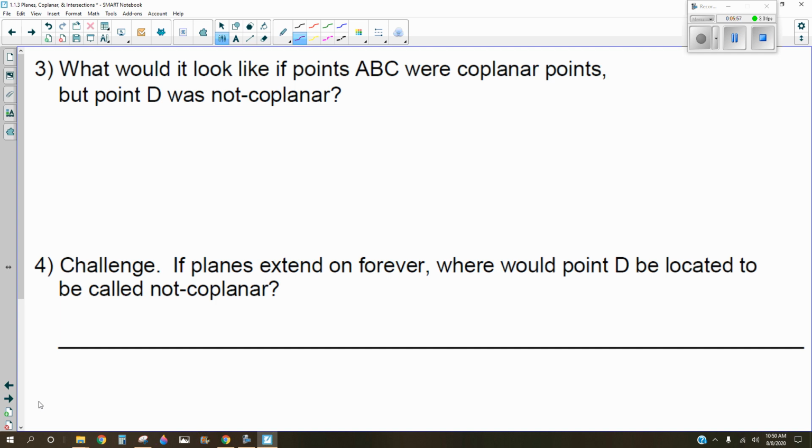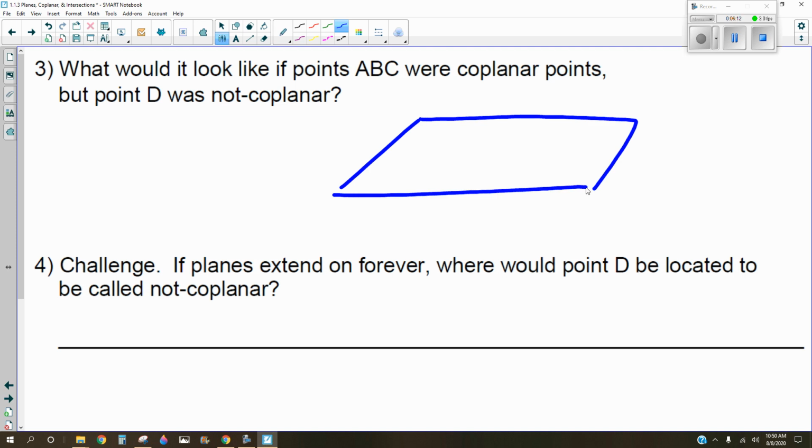What would it look like if points A, B, and C were coplanar, but D was not coplanar? Okay, so well, to be able to talk about coplanar, I need a plane. So let's just start with that. If I'm going to have coplanar, I better have a plane, right? So it says that A, B, and C are coplanar, D is not coplanar. So let's start with the things I do know. I know I have an A, a B, and a C that need to be on the plane.